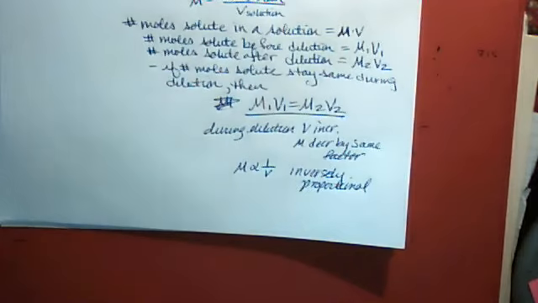Or if you're comparing two different solutions with the same amount of solute, but one of them has twice the volume, that one will have half the concentration. One of them has half the volume, it'll have twice the concentration.